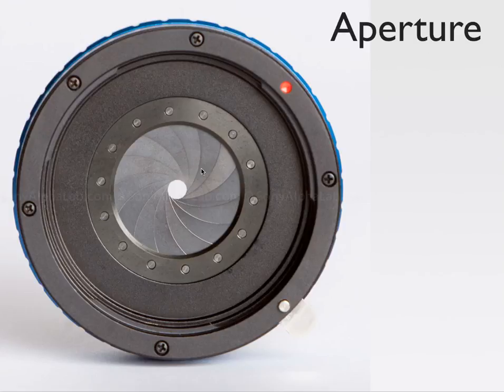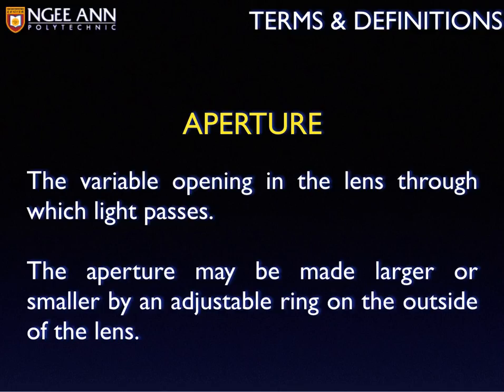By adjusting these fins, you can allow a lot of light or very little light. Now, the smaller the hole when the light enters, it also controls focus, which we will do more of these exercises in class. So let's talk about aperture first.